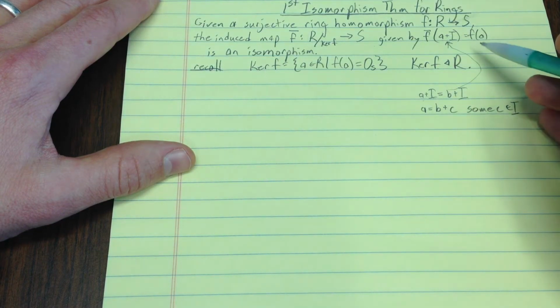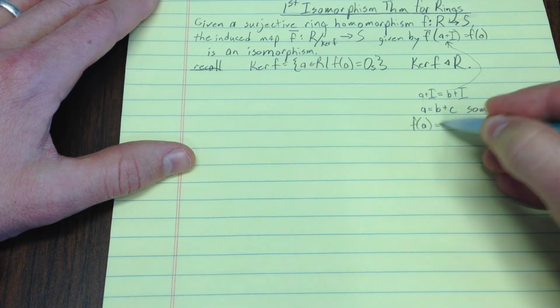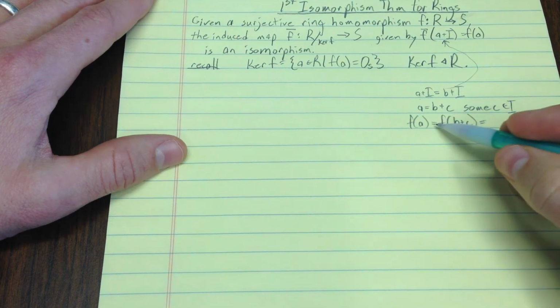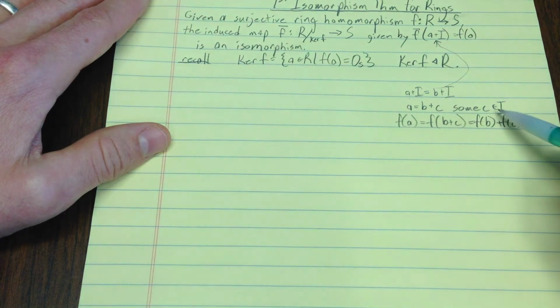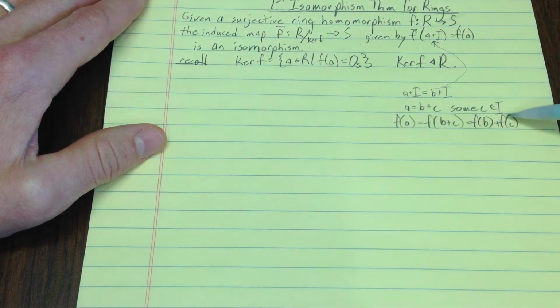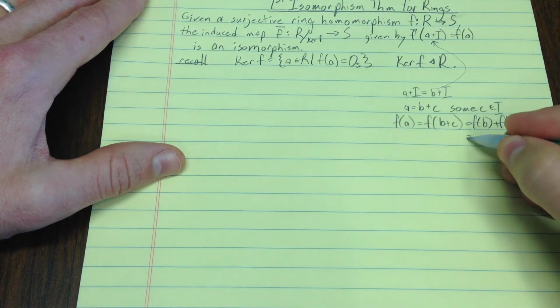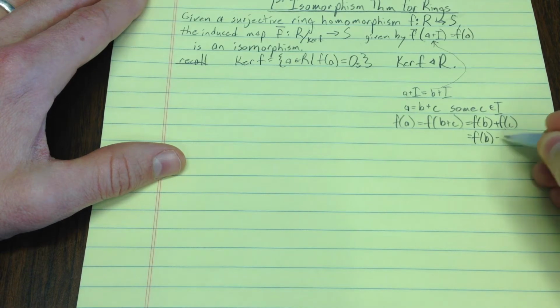Well, if that's the case, then f of a equals f of b plus c, and since f is a homomorphism, that's f of b plus f of c. And what does it mean to be in the ideal, which is the kernel? Well, what it means is that it maps to 0.